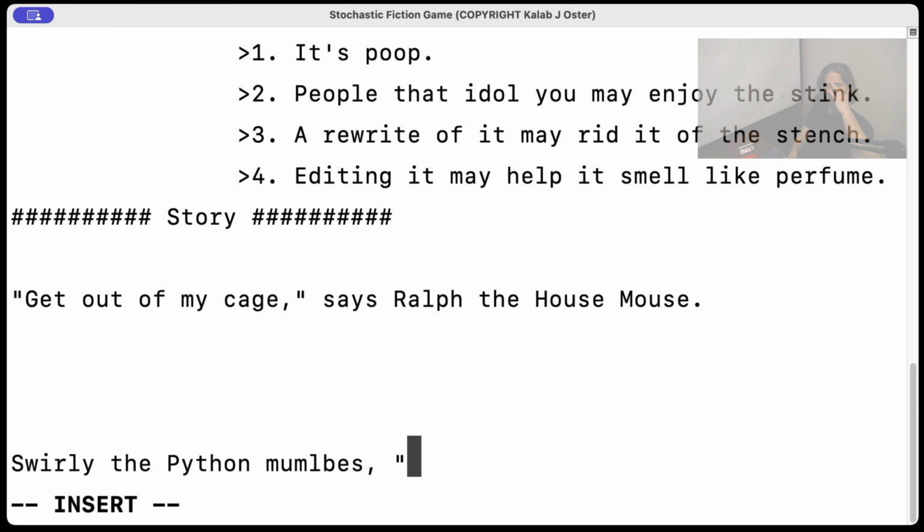Swirly the python mumbles. Come to my cage.